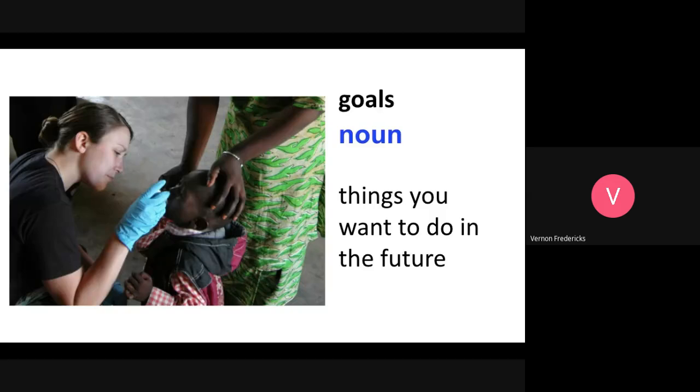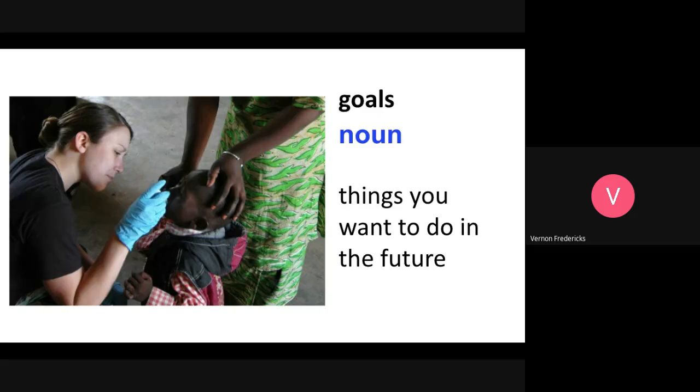Some of you might want to be doctors. Some of you want to be engineers. Some of you want to be scientists. Some of you want to be businessmen or businesswomen. Some of you want to work in another country, maybe. So these are your goals. What do you want to do in the future? Some of you want to get married and have 10 children. These are your goals, yeah?